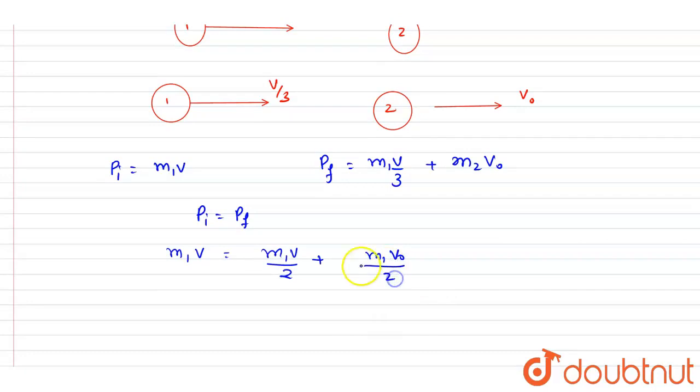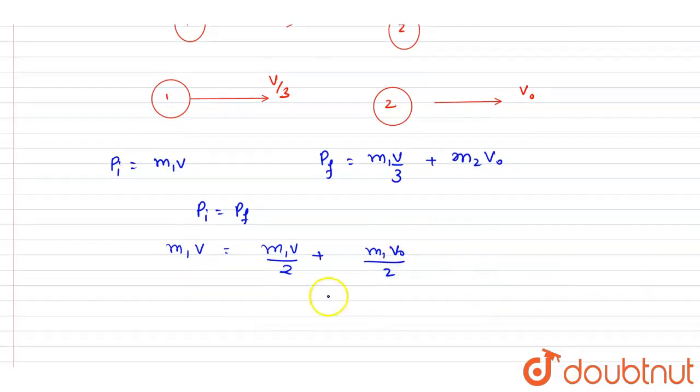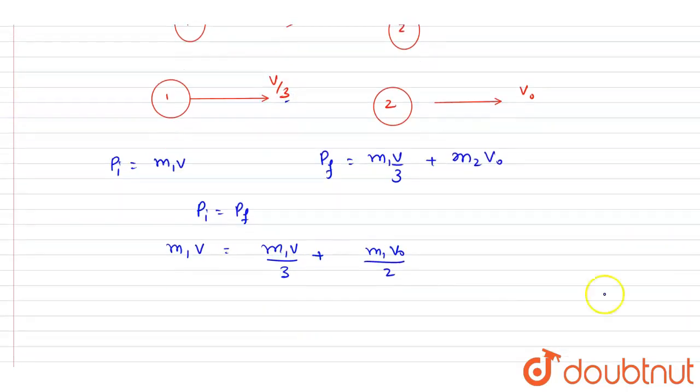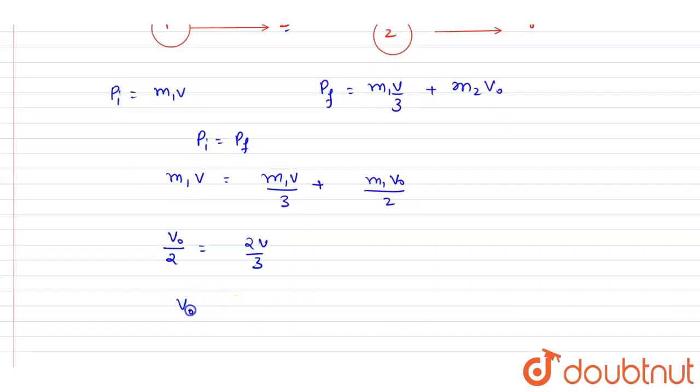So I will put the value. In this way you can cancel out this m1. Send the v term on one side, it will be v0 by 2 is equal to 2v by 3. From here you will get v0 is equal to 4v by 3.